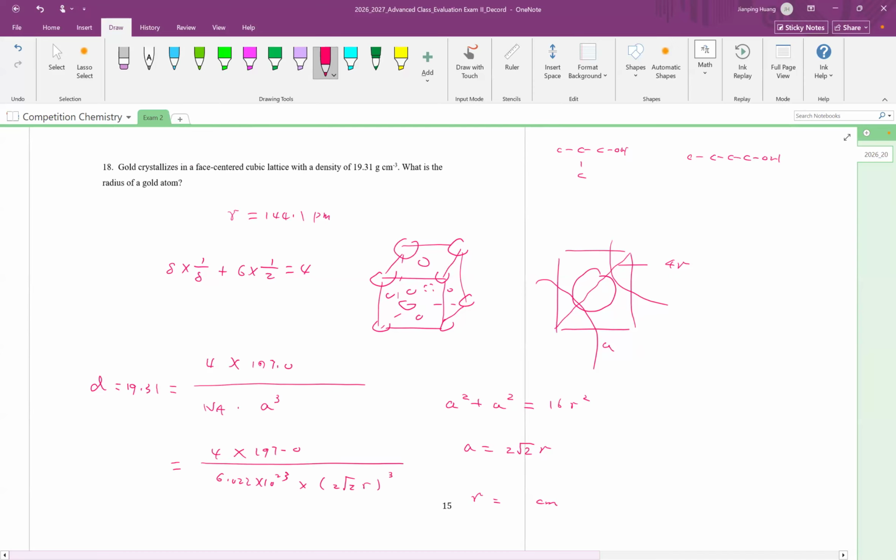Let me make sure I get it right. Yeah, you get a centimeter, okay? Right. So you get, let me write it here, 1.44 times 10 to the minus 8 centimeter.